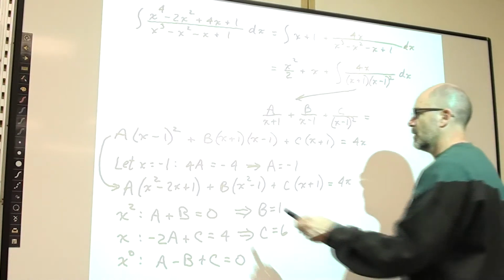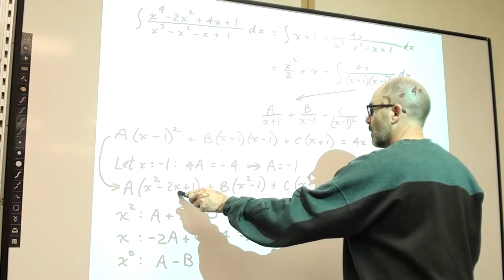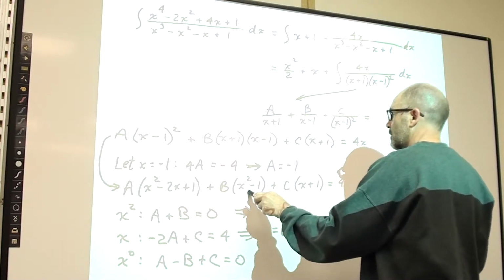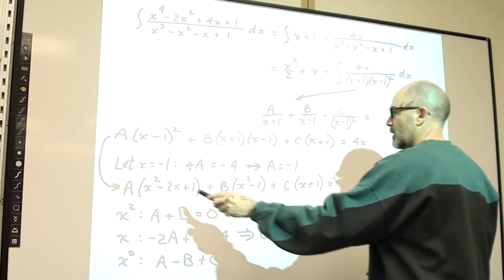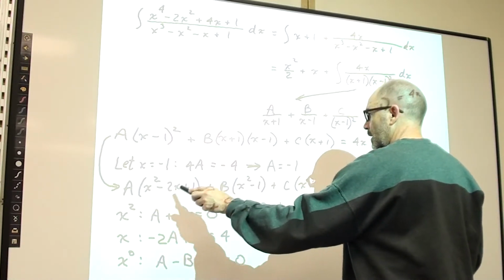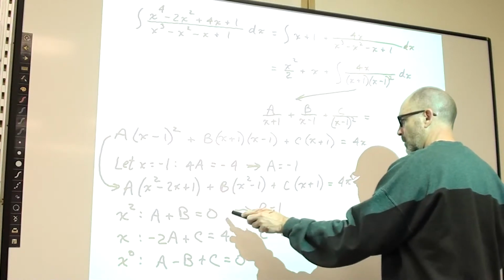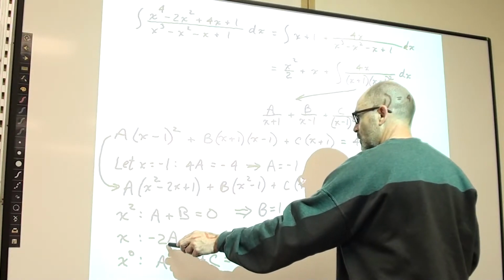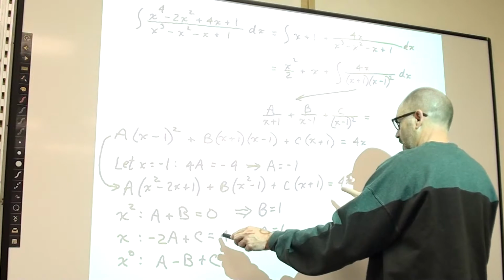Okay, the x squareds: A times x squared minus 2x plus 1, plus B times x squared minus 1, plus C times x plus 1 equals 4x. Okay, so A plus B plus no C equals 0. Then negative 2A plus C equals 4.